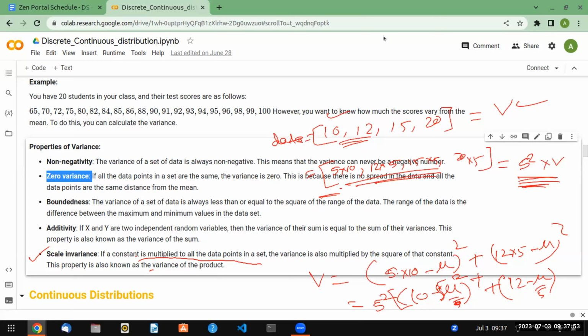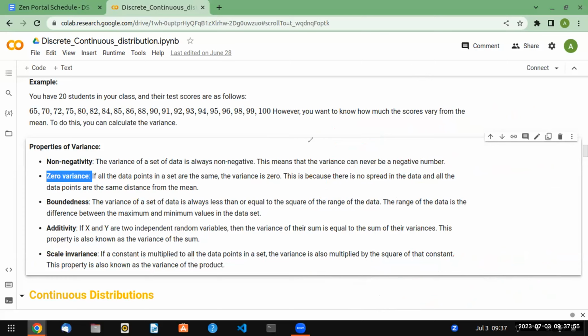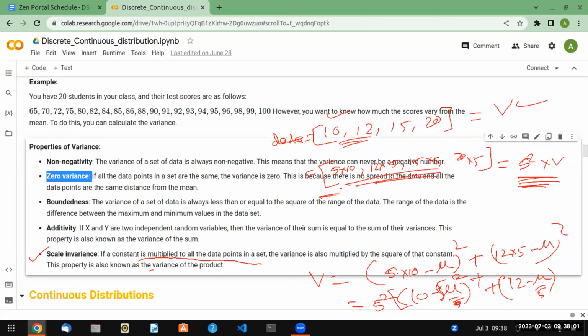Okay, I removed actually everything. So if you see here the mu will be 5 mu, right? Correct. So if we take 5 common, then this 5 also comes out. So this will be 10 minus mu plus 12 minus mu plus 15 minus mu, and that is equal to V. So that's why it will be 5 square into V. Mathematically, if you want to prove this.